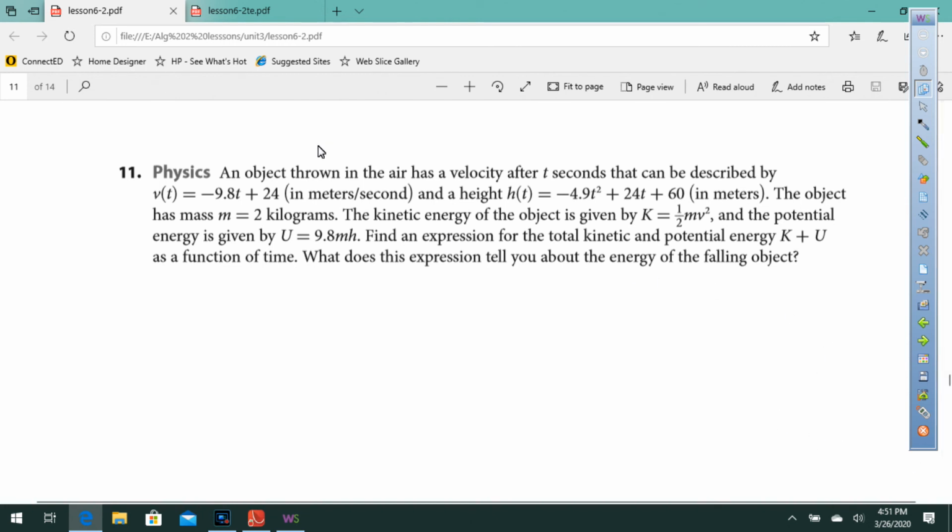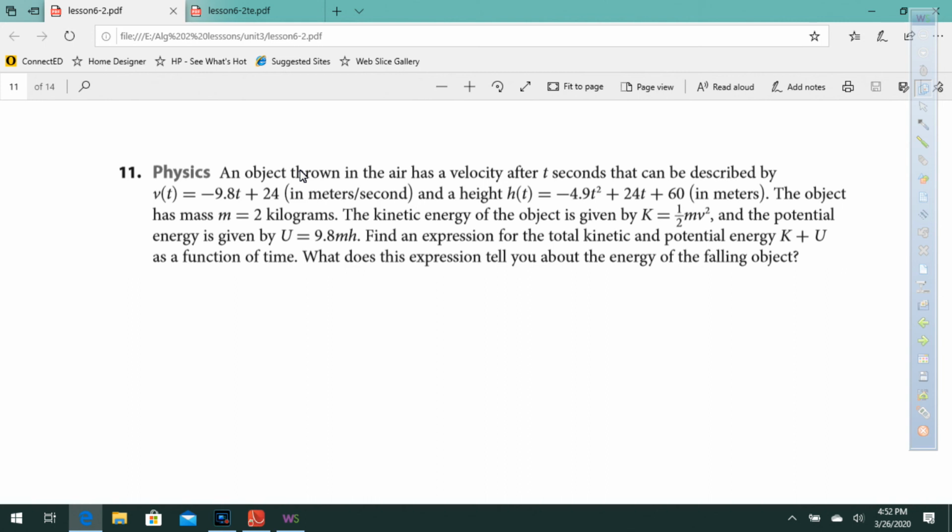An object thrown in the air has a velocity after t seconds that can be described by v of t equals negative 9.8t plus 24, and a height. The object has mass m equals 2 grams. The kinetic energy of the object is given by k equals 1/2 mv squared, and the potential energy by u equals 9.8mh.